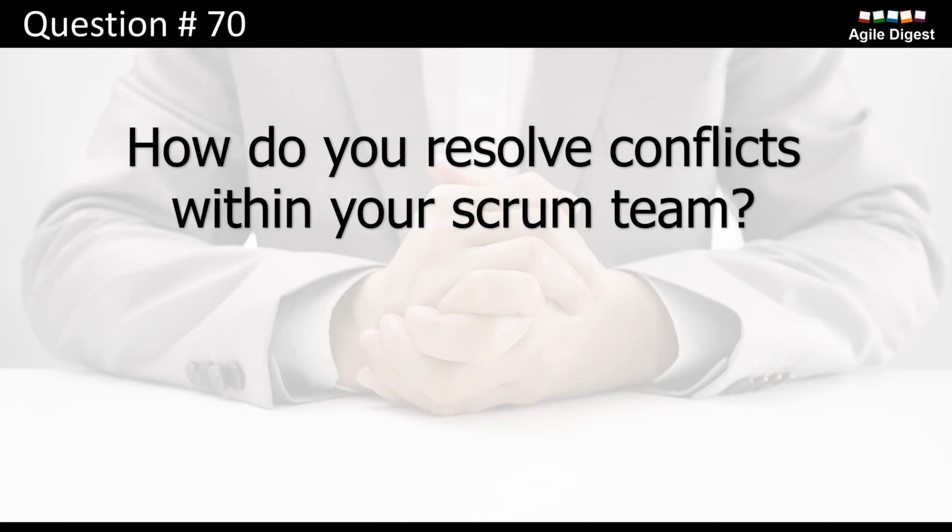You may need to bring in HR if needed. It all depends on the nature of the conflict, and based on that I'll take an impromptu decision. Sometimes I will talk with my managers or seniors who have more experience in situations that I might not have faced, and I will take their suggestions and apply them.